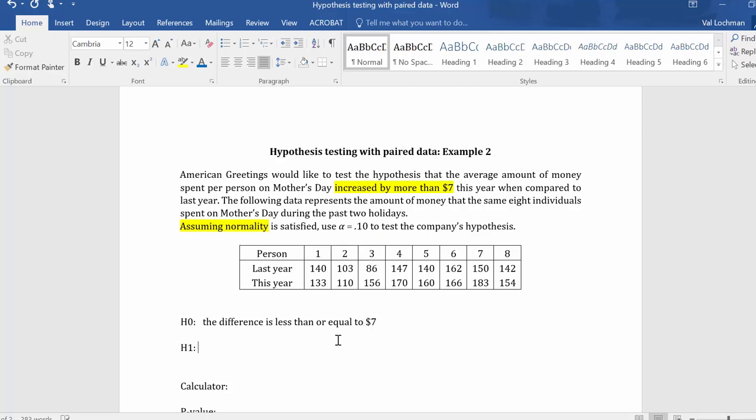So the difference over here is more than $7. Okay, and this is a perfect example where the value in the null and alternative hypothesis is not 0. Very important to just catch that number right here. It's not going to be 0. Most of the times, in most of the problems, it is 0.